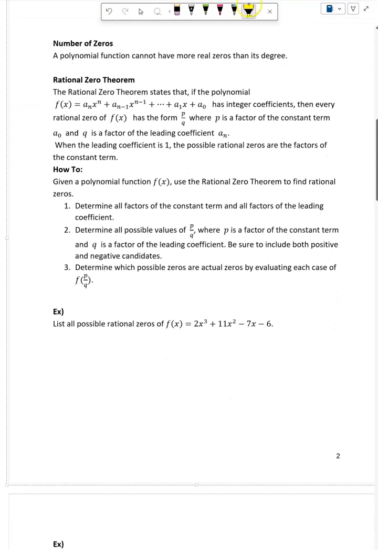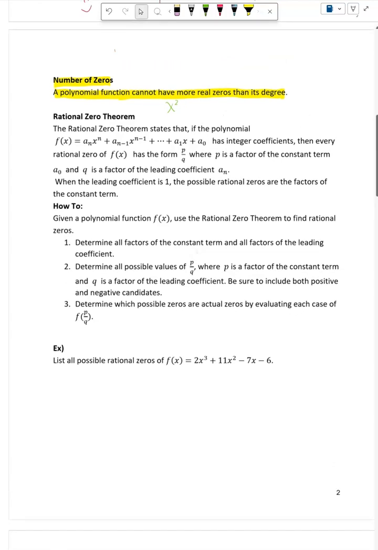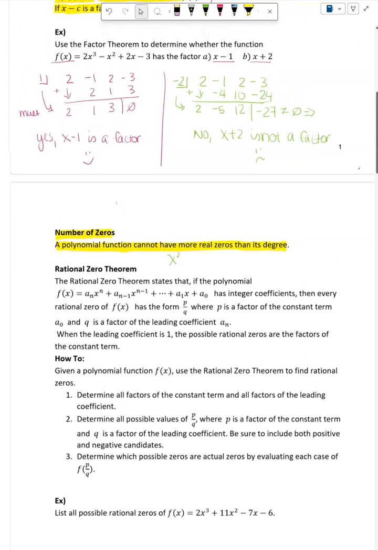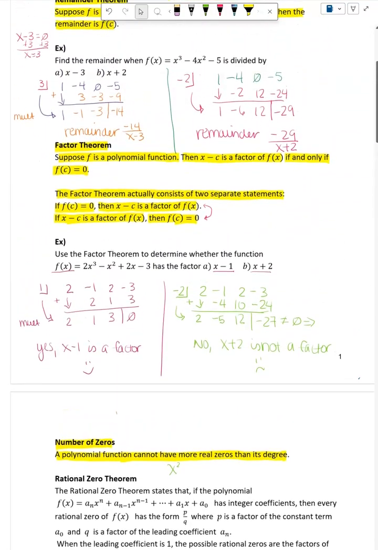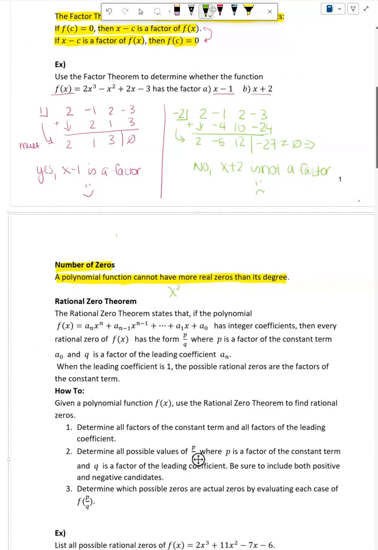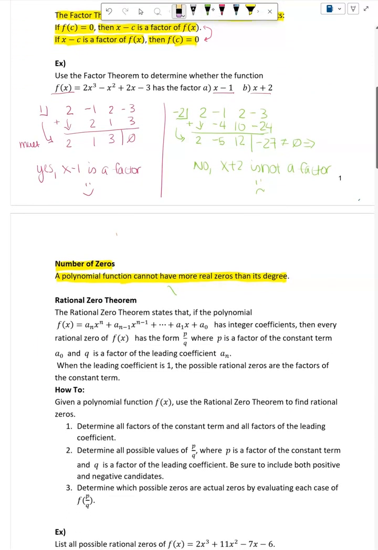Here's a neat little tip. Number of zeros: a polynomial function cannot have more real zeros than its degree. So like if you have a polynomial function that's like x squared. Let's look at these up here. We have an x squared? No, these are all x cubed, so let's just do x cubed. 2x cubed minus x squared plus 2x minus 3.